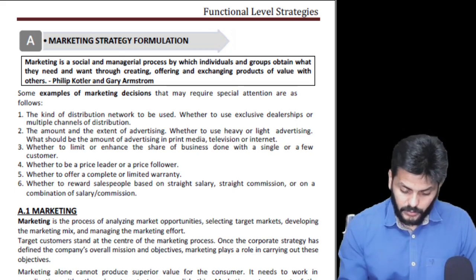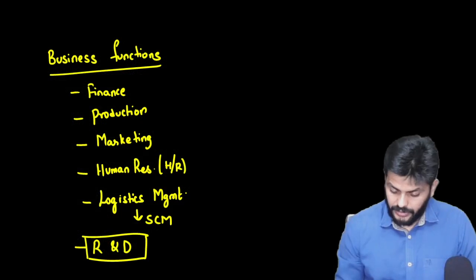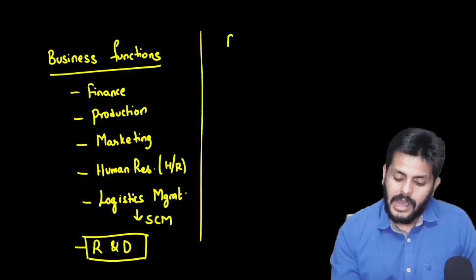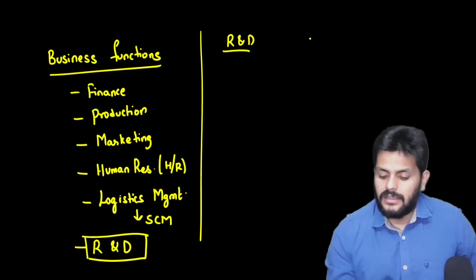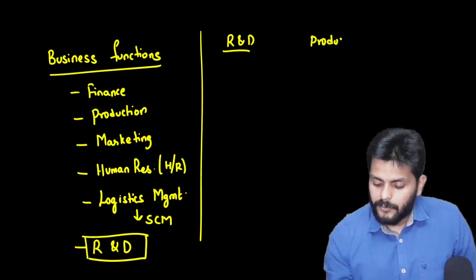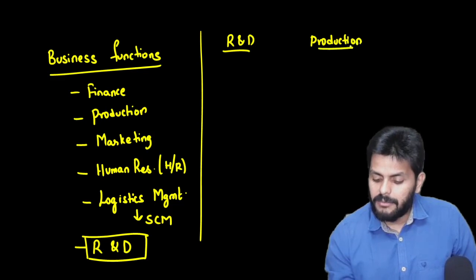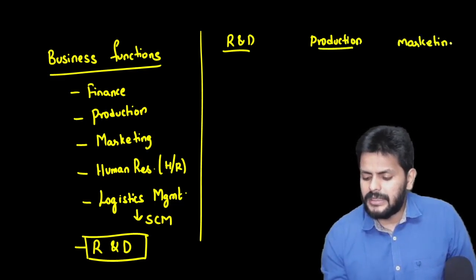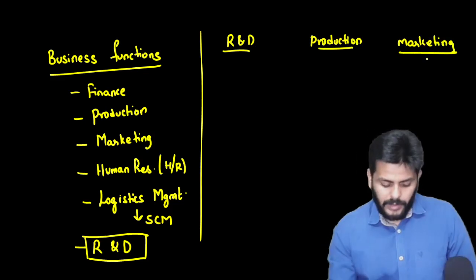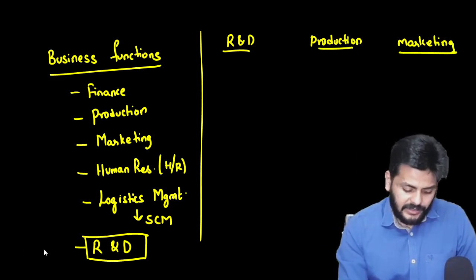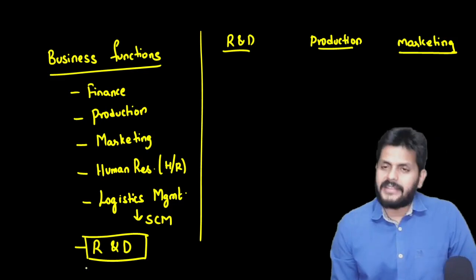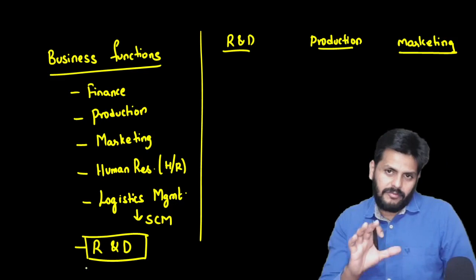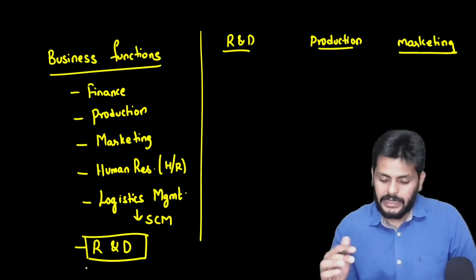So all I want you to understand is, now we saw functions here: R&D, production, and marketing. This particular line is not new to you, because this point came in managing linkages. I remember telling you the same example, but I want it to be more clear, so that I'm very confident that all of you have understood this connect.